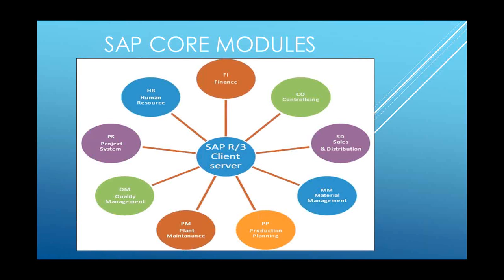So SAP HCM or SAP HR is one of the core modules in SAP. Any organization, if it has to function to its optimum, has to take care of its human resources. A very well-known person like Bill Gates had said in one of his books, take away all my wealth and also the organization, but let the human resources remain with me.